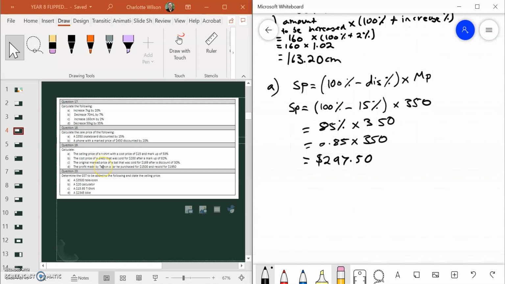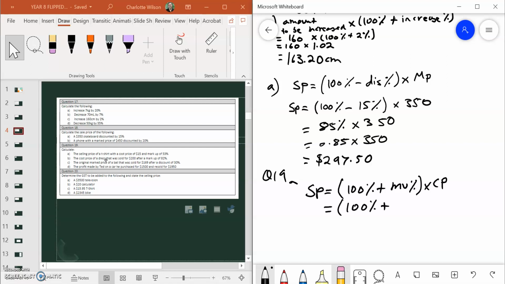Okay, we're now going to have a look at question 19. I'll leave 18B so that you can have a go at that one as well. So question 19, we want to calculate the selling price of a t-shirt with a cost price of $15 and a markup of 53%. So again, we do our formula. So selling price equals 100% plus, and because it's a markup, it's plus, the markup percentage, and we multiply that by the cost price.